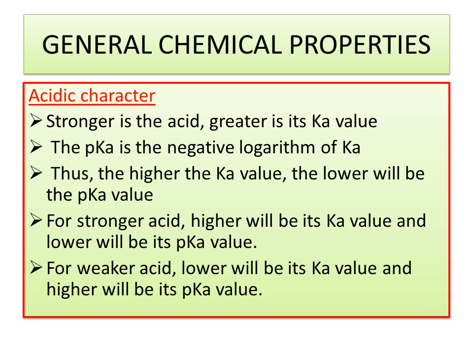Then we see the general chemical properties of carboxylic acid. First one is acidic character. You know well, there is a relation between acidic character and Ka as well as pKa value. If Ka is greater, the acid is strong.